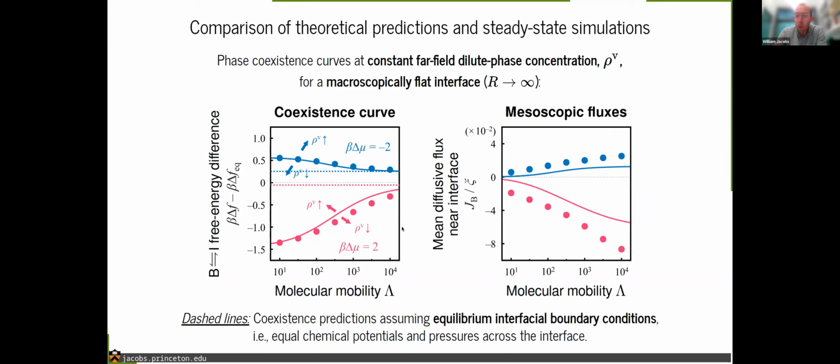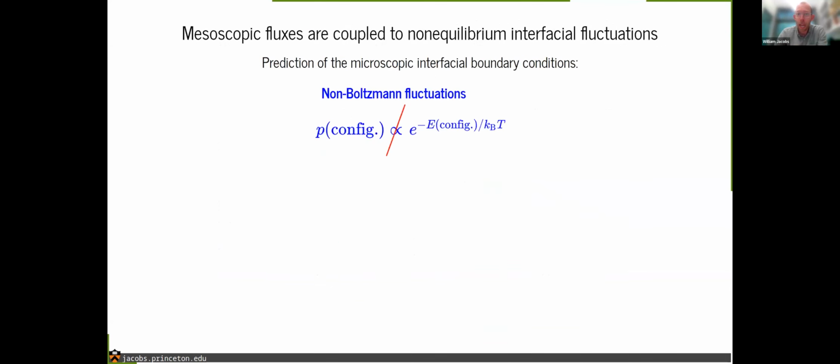And this really only works in this linear response regime, which is when you take this mobility to be very large. But in a more general case, this microscopic description of the interface that we're introducing here turns out to be essential for accurately getting these properties.